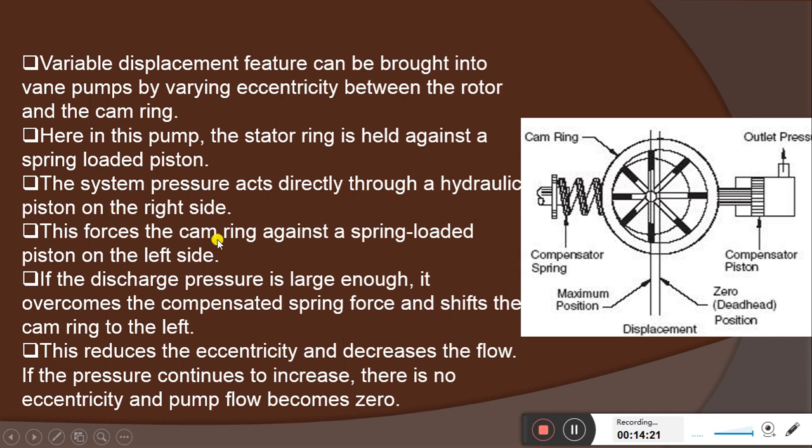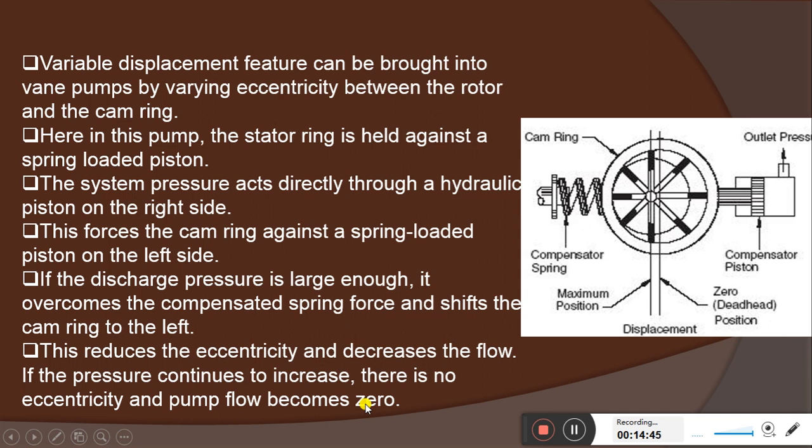This forces the cam ring against the spring-loaded piston on the left side. If the discharge pressure is large enough, it overcomes the compensator spring force and shifts the cam ring to the left. This reduces the eccentricity and decreases the flow. If the pressure continues to increase, there is no eccentricity and pump flow becomes zero.